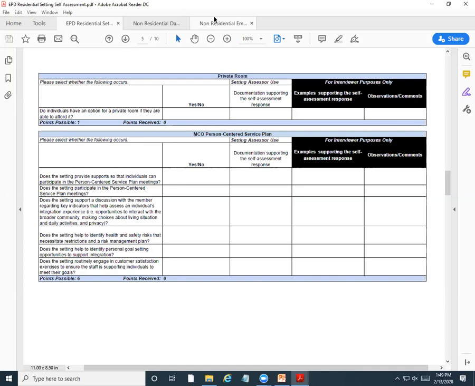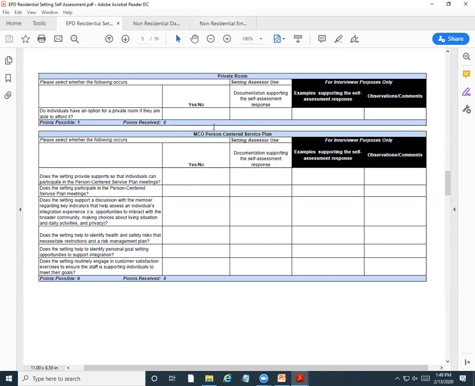You're still going to have your license monitoring visits, and these are things that are over and above. But as you can tell, it certainly complements a lot of what is required from a licensing perspective. So it's really creating more direct standards around a lot of things that you're already obligated to do under licensure.